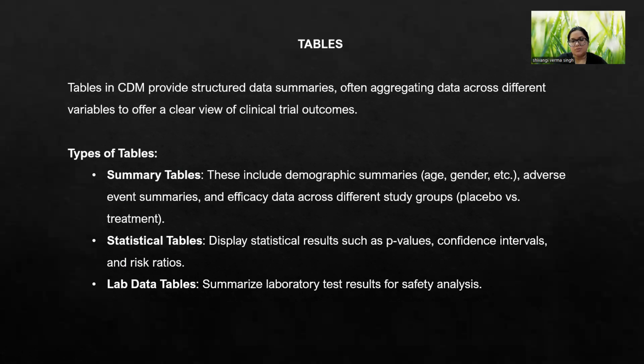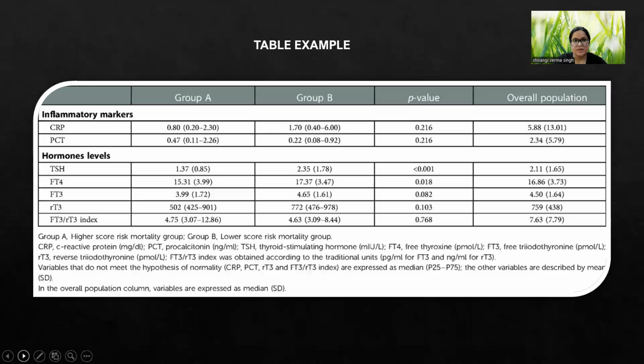Statistical tables display statistical results such as p-value, confidence interval, and risk ratios. Then there are lab data tables summarizing lab tests for safety analysis. So this is an example of how a table looks.